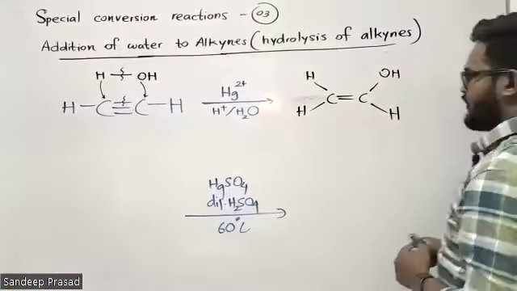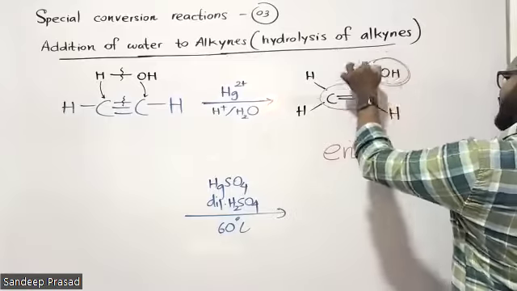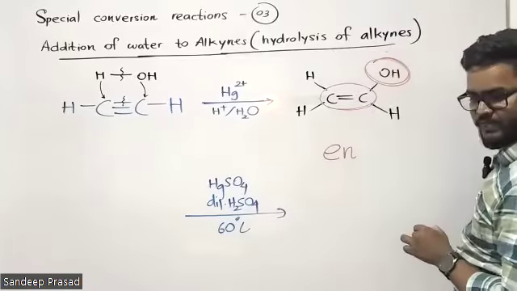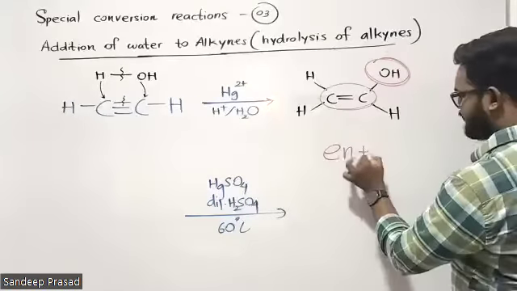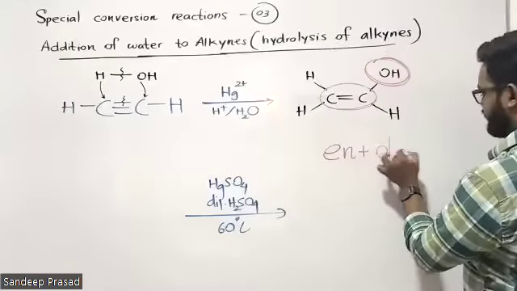Ene. Alkene, ene. The IUPAC suffix is -ene. What is the IUPAC suffix I taught you to write for the OH group? It is -ol. Ene plus ol. This compound is known as enol.